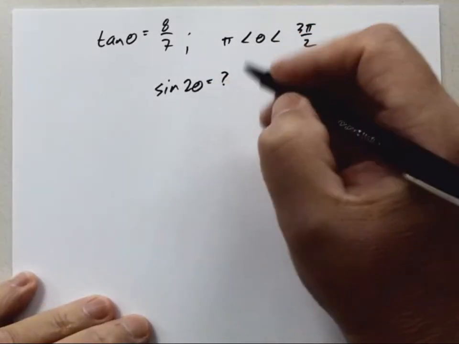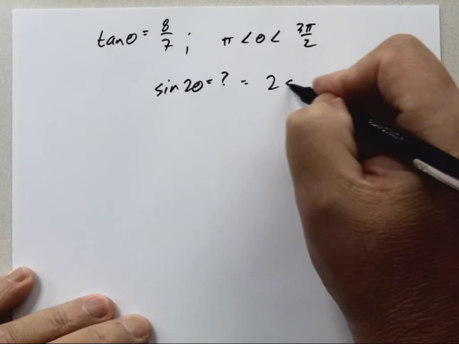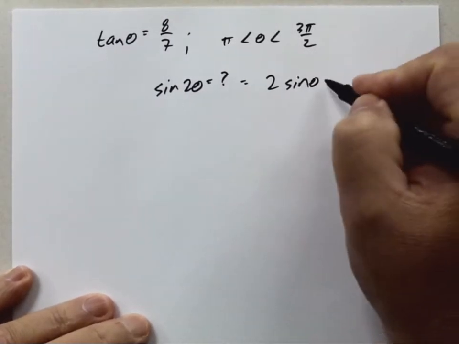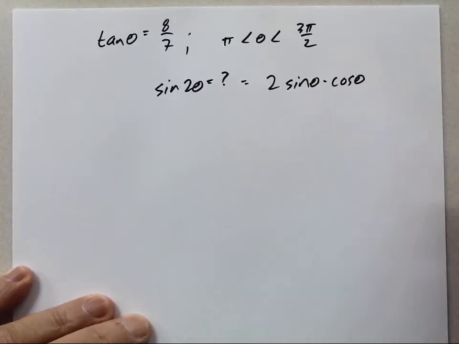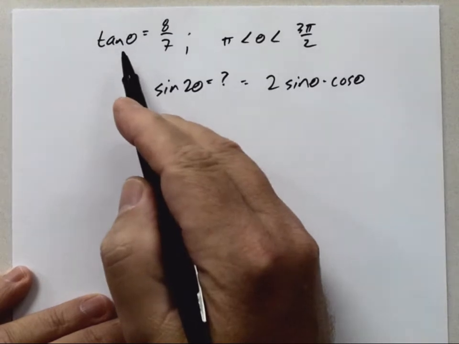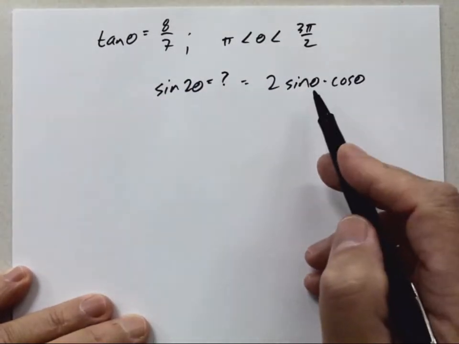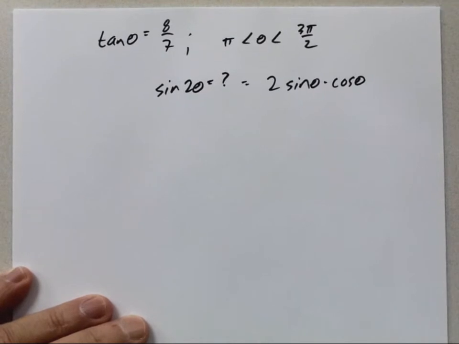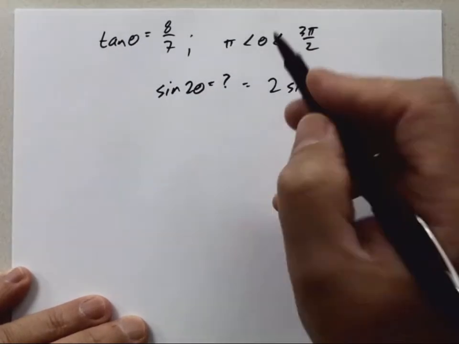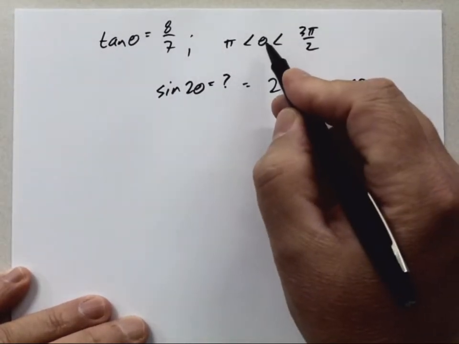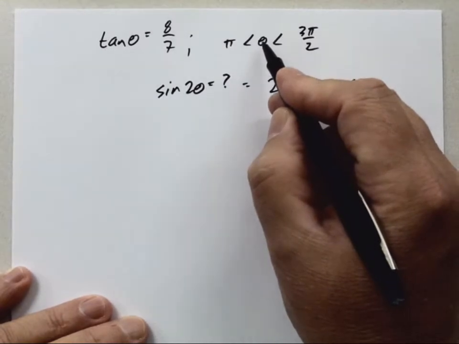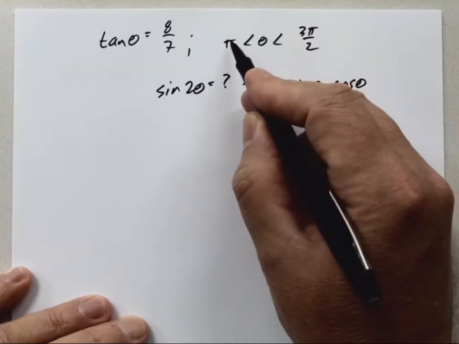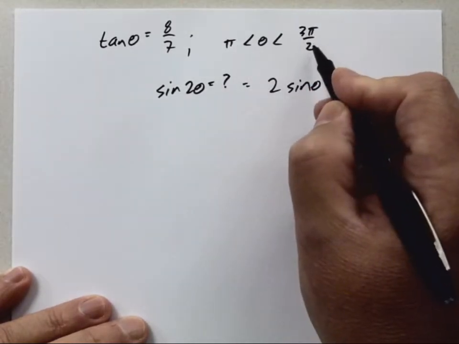So sine of 2 theta, the formula is 2 sine theta cosine theta. I know tangent of theta. What I really need is sine theta cosine theta. Now, let's think about this for a minute. If the angle theta is between pi and 3 pi over 2, where is that at?